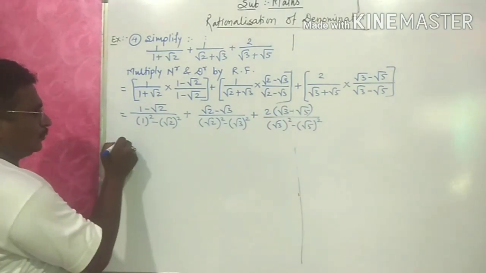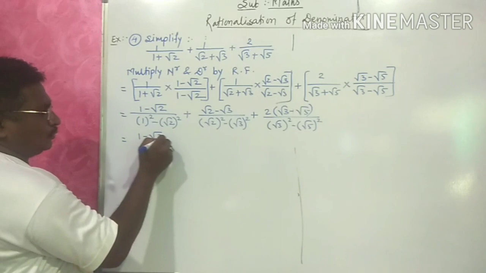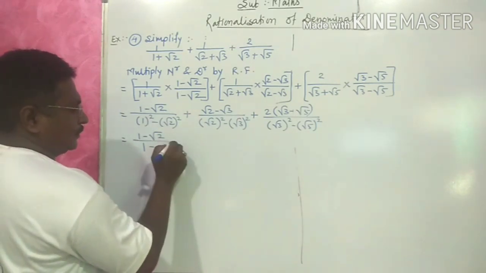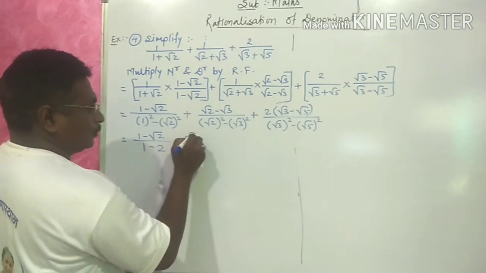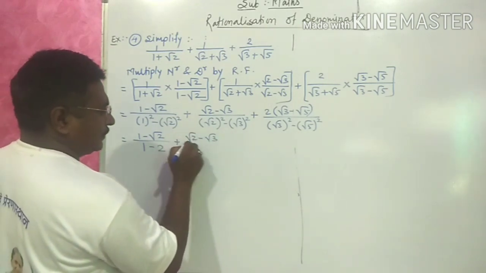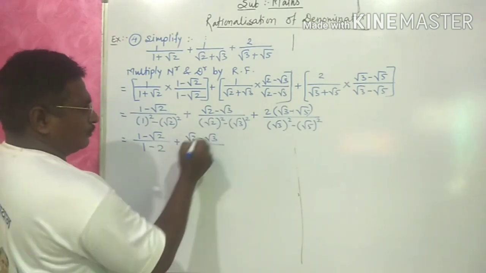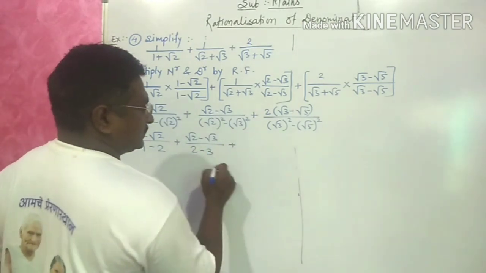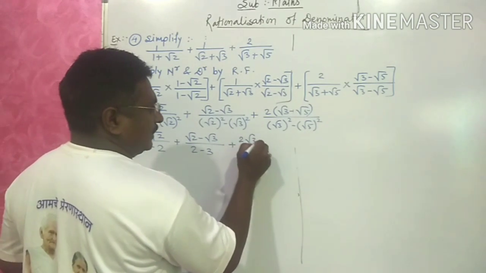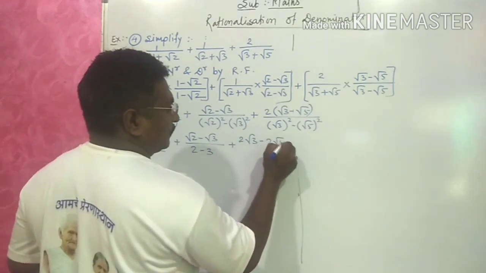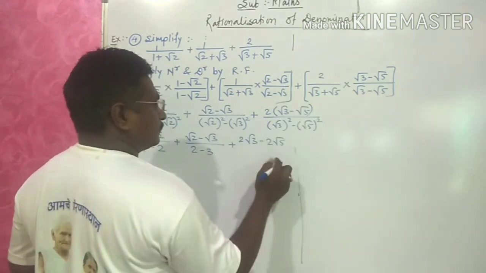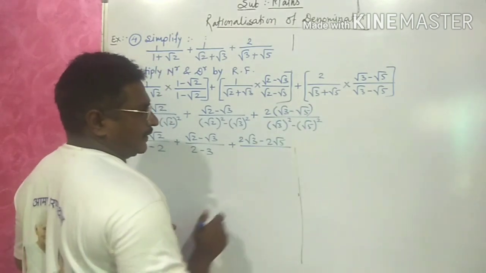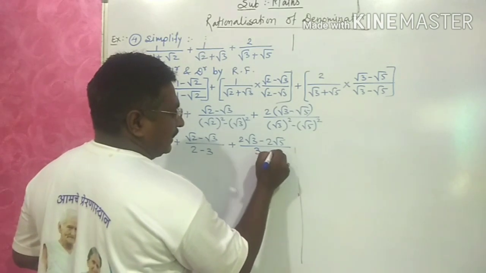Now 1 minus root 2 by, what will we get? 1 minus 2. Plus root 2 minus root 3 by 2 minus 3. Plus 2 root 3 minus 2 root 5, multiplying each and every term of the bracket, by 3 minus 5.